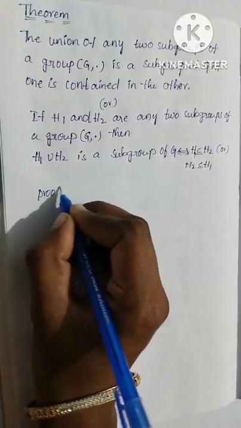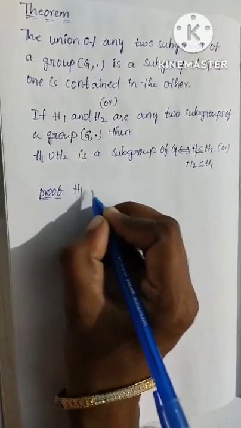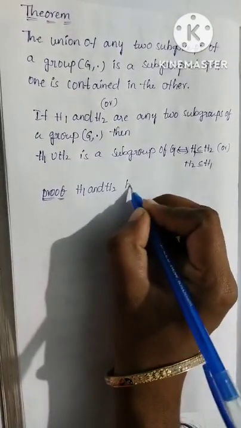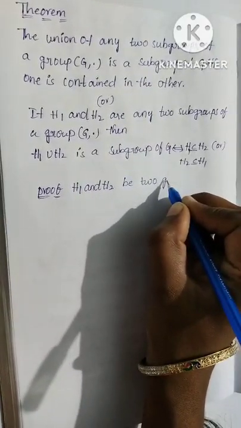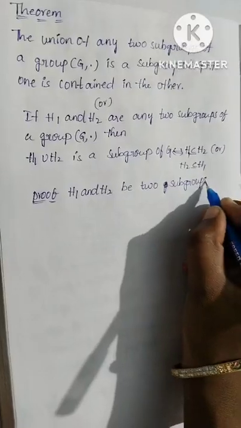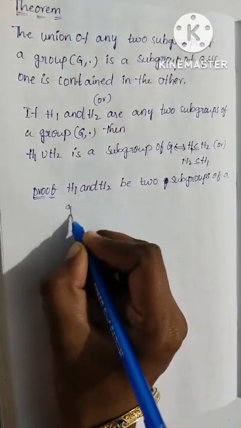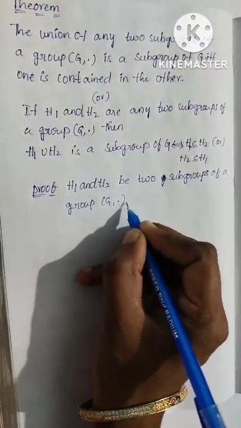Proof: Let H1 and H2 be two subgroups of a group G, dot.